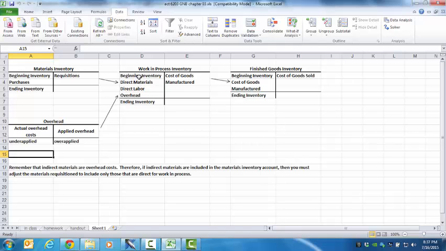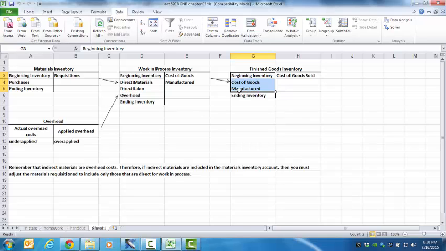So we'll talk about that again as we do examples. Well, at some point in time, you're going to finish up what you're working on, and you're going to send it over to the finished goods, and we call this cost of goods manufactured. And when you take that out of work in process, if there's anything left on hand, you'd still have an ending balance to carry over tomorrow to finish up, like again the desks. The finished goods, you could have some already in the warehouse, ready for sale. You're going to add more to it. So this is the total amount you could sell.